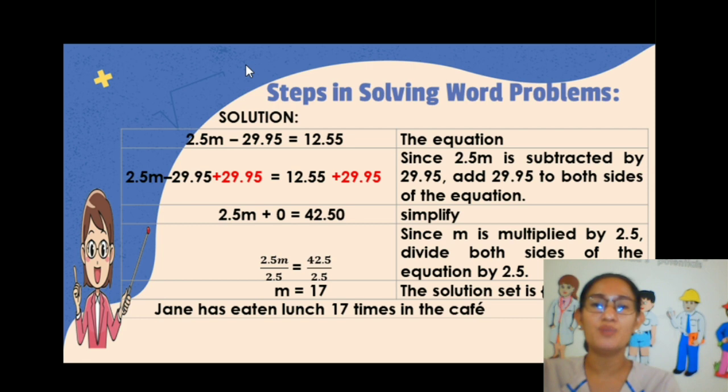It will give us 2.5 M plus 0 equals 42.50. Since M is multiplied by 2.5, divide both sides of the equation by 2.5. It will give us the solution of M is equal to 17. Jane has eaten lunch 17 times in the cafe.